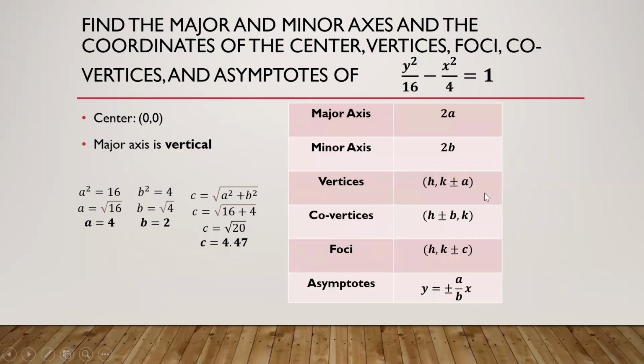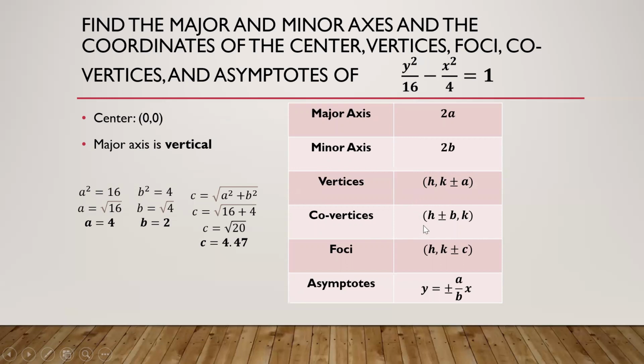So from there, let's complete the table. For our major axis, that's 2a, minor axis, that's 2b, vertices, that's h, comma, k plus a. So again, we manipulate k because y squared came first.